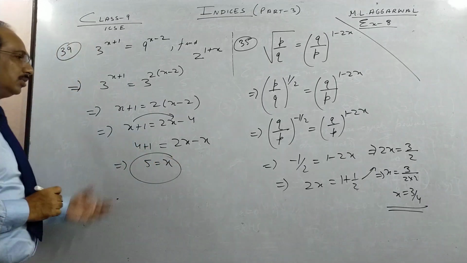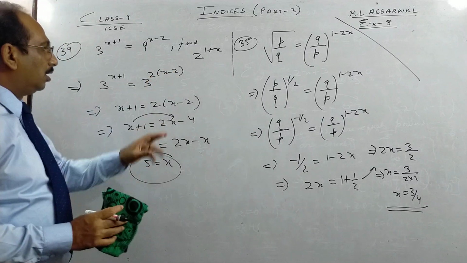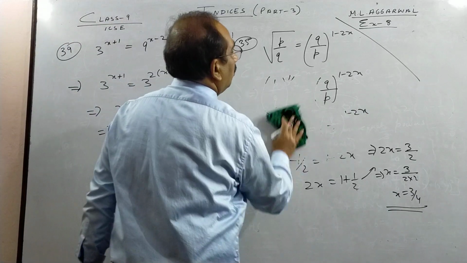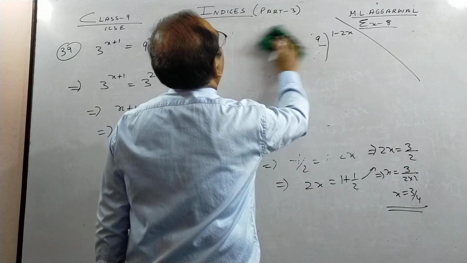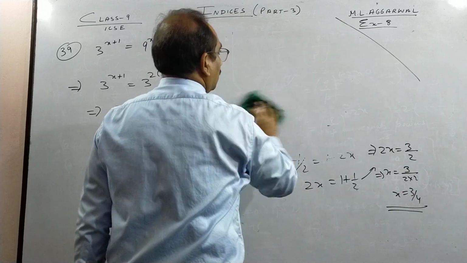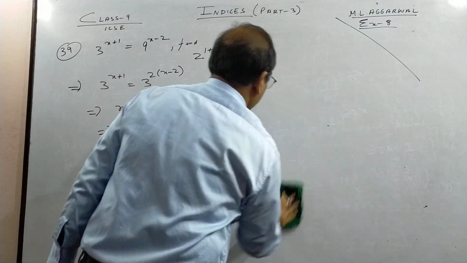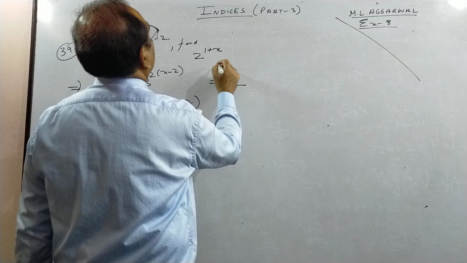So this becomes a simple equation, children. But the last part: we are not finding x, we have to find this. So always read the question properly. Sometimes children get so excited when they see a sum that they miss some very important part of the question.